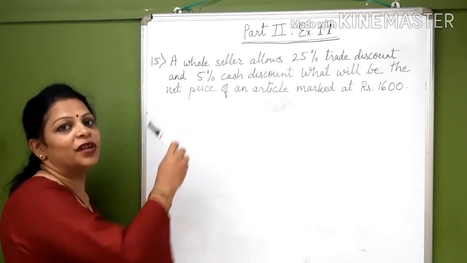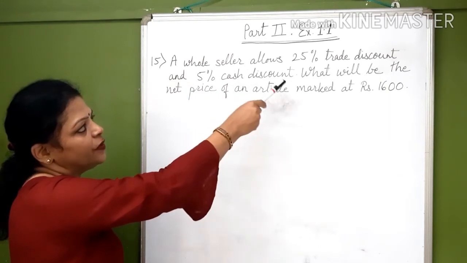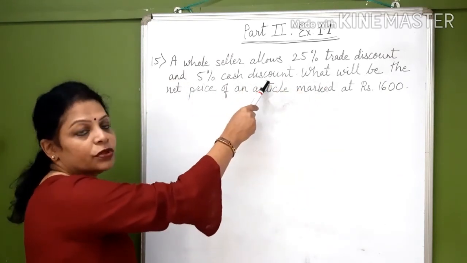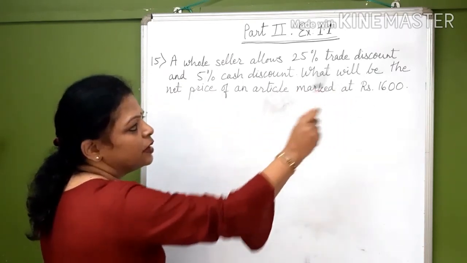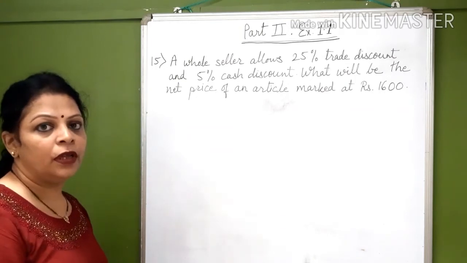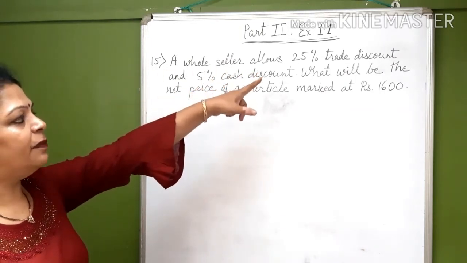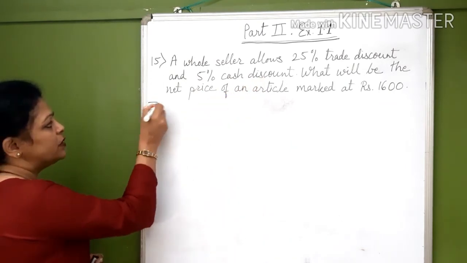The last sum of the exercise. Very simple. See, a wholesaler allows 25% trade discount and 5% cash discount. What will be the net price of an article marked at rupees 1,600? See, very simple sum. First, what is that? 25% trade discount. So, let us start with the marked price as rupees 100.